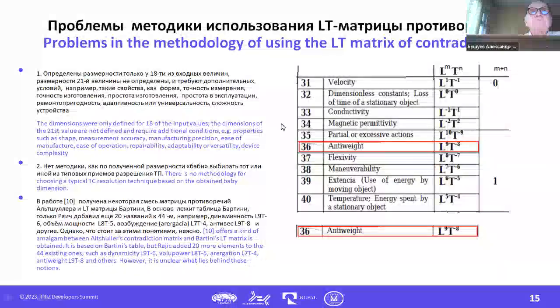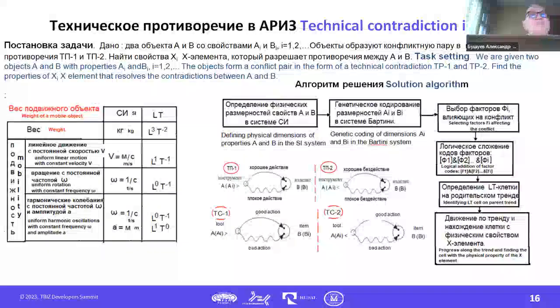You see, Altshuler has in his table parameters where the dimensions are not determined. For example, repairability, adaptivity, flexibility are not really determined. So we decided to use two given objects and different definition tables.